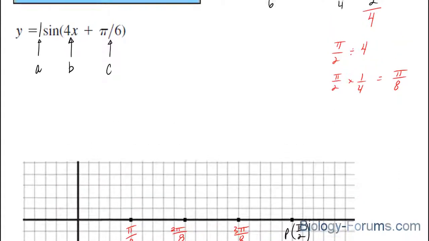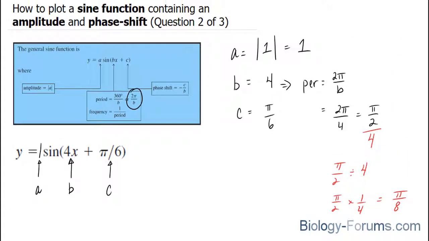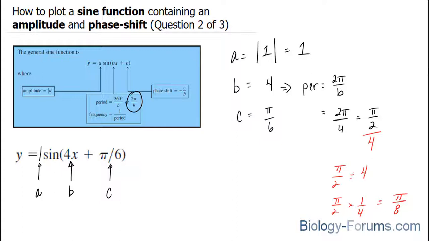So, the next step is to find our phase shift. And our phase shift is defined by this formula. So our phase shift being negative c over b, that is equal to, c is equal to that value. And that negative comes from the formula. And our b value is 4.